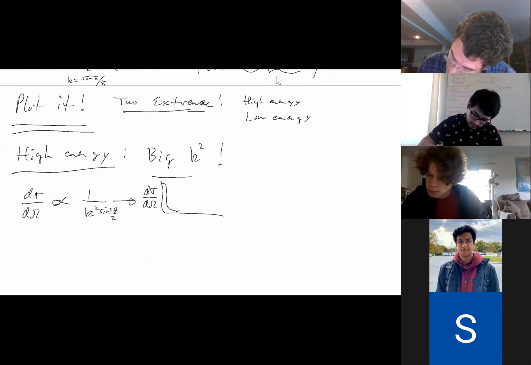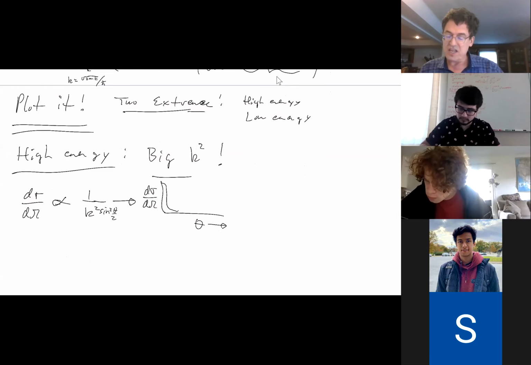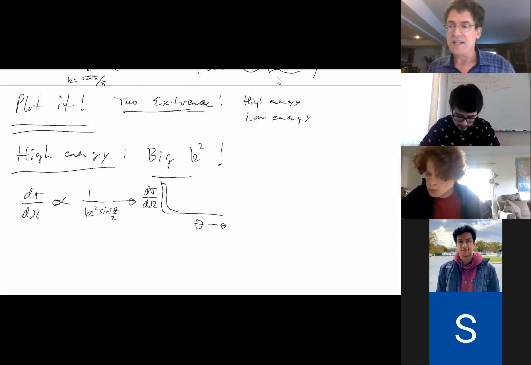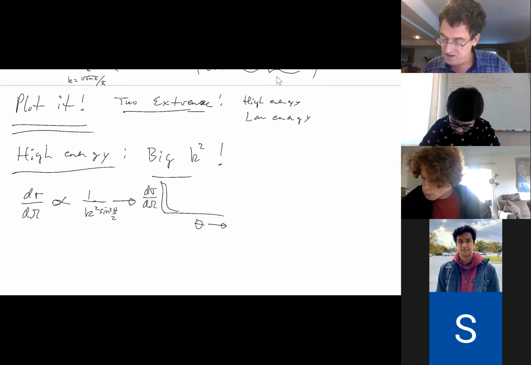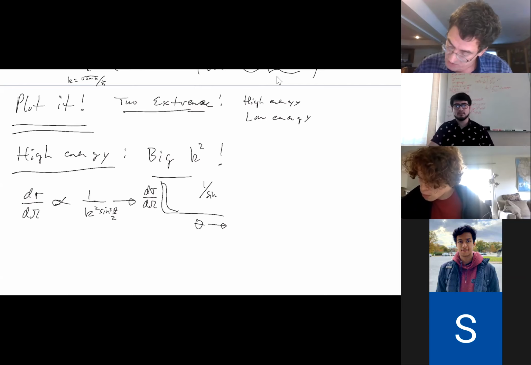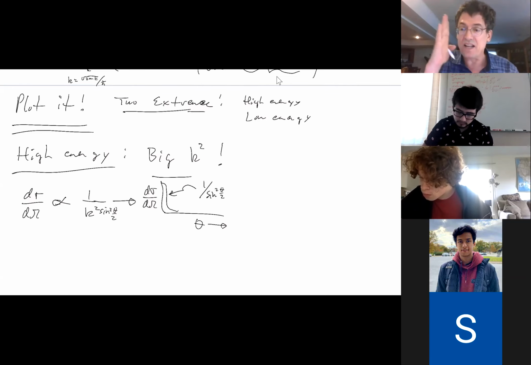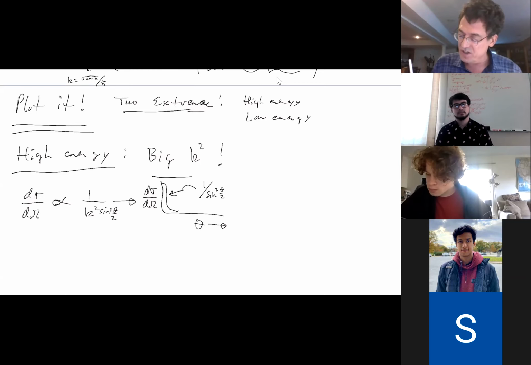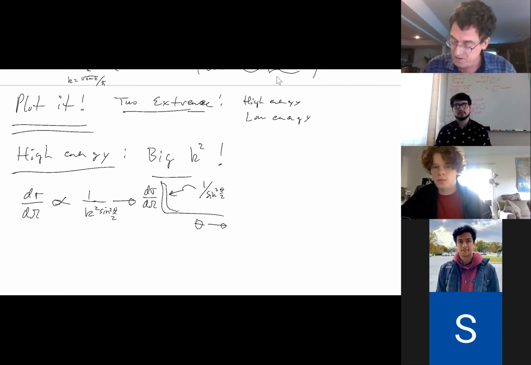And if I plot it as a function of theta, you see it's highly peaked at low theta, because as theta gets bigger, it starts falling off. This 1 over sine squared theta over 2 is peaked at theta equals 0. So this function is highly peaked at theta equals 0.